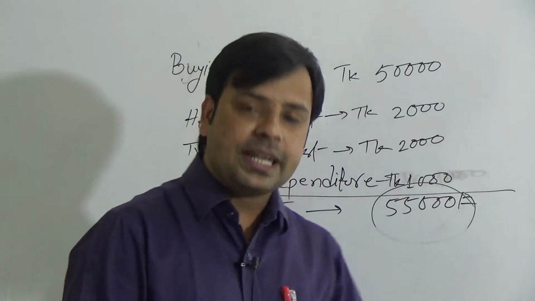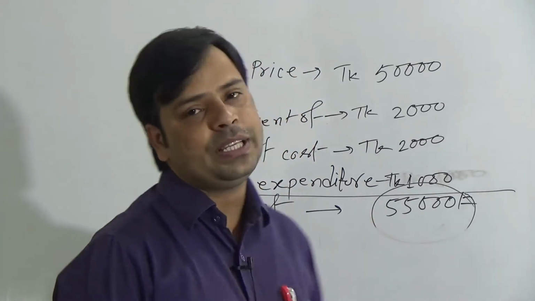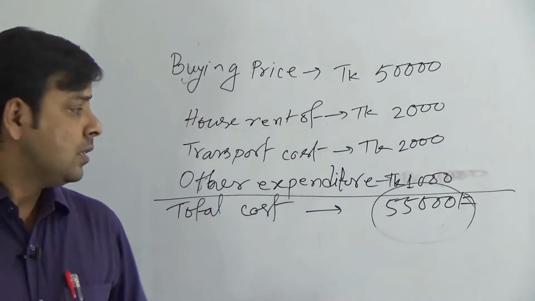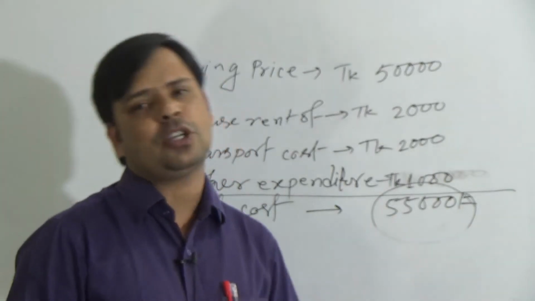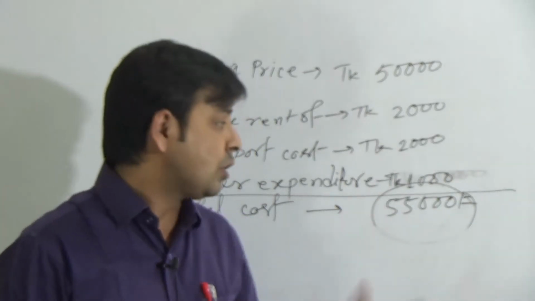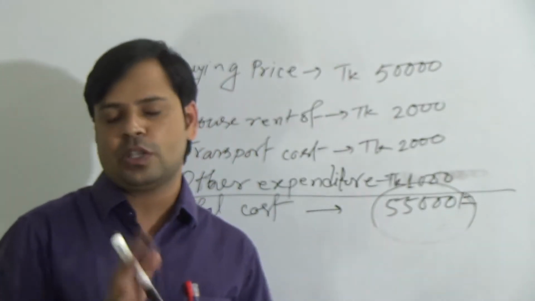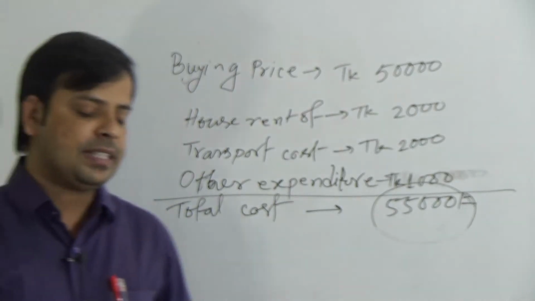So profit and loss are related to the cost price. This cost price means the actual cost price for the businessman.